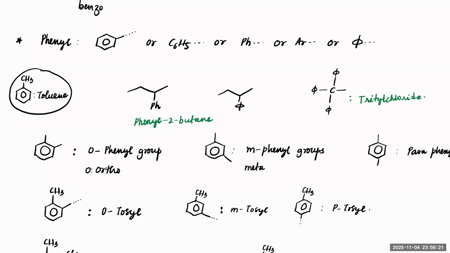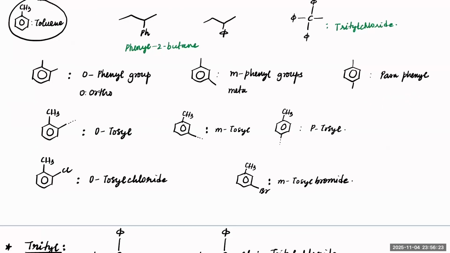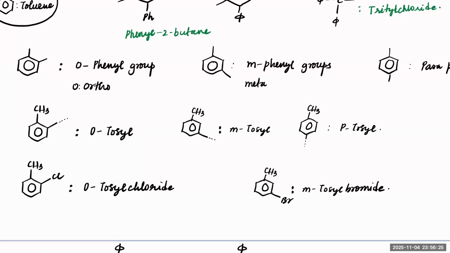Trityl chloride. Okay. Next. If by chance you have a connection from oxygen on this end, this is called O-phenylic group or ortho. Next. This is going to be metaphenyl groups here. So if by chance you have methyl present on benzene here and the connection is from this end, then it is called tosyl. Meta-tosyl.